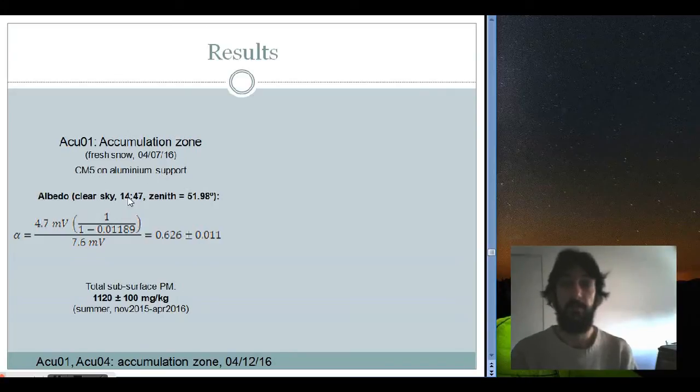We must say that although the snow has only a few days there, it has already aged pretty much, and the measured grain size, measured with a simple magnifying glass, was about 1 millimeter, or round grain about 1 millimeter.